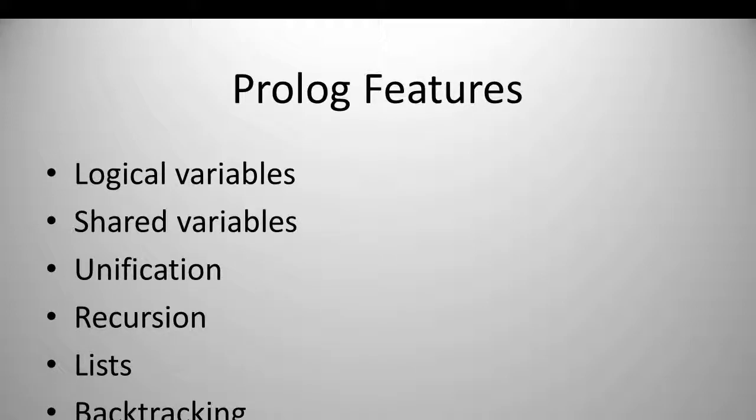And then you have lists and recursion, of course, which you've seen. Backtracking is a good feature in Prolog because it explores all possible alternatives until a solution is found, and if not, then it is a complete failure. And that's basically the gist of Prolog.